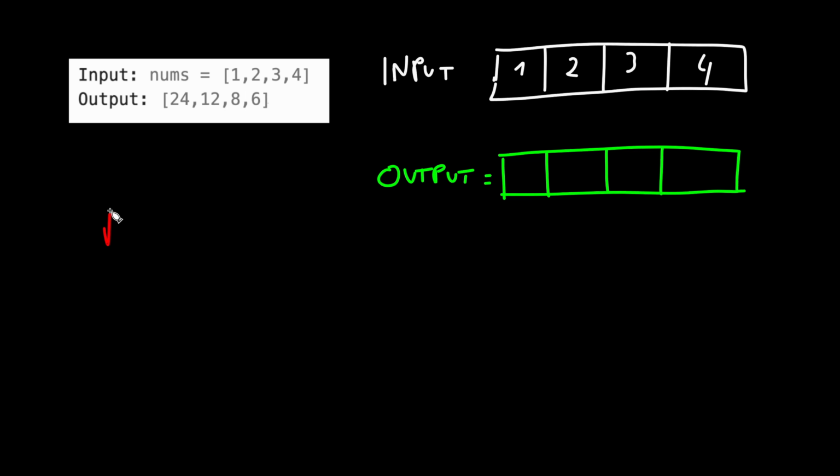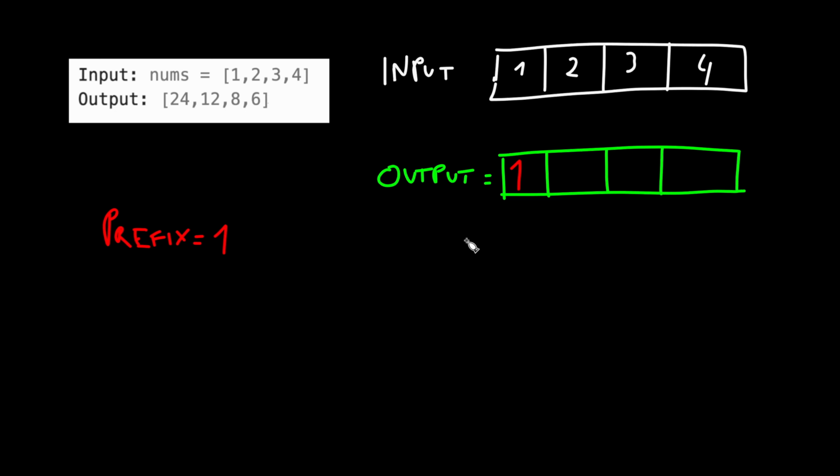So we are going to have a variable that is going to store our prefix, and the initial value is going to be 1. So let's take this, we want the prefix for this position. In this case it's going to be whatever is in our variable, so it's going to be 1. Now we're going to update our prefix doing the number times the prefix, so in this case it's still going to be 1. Now we want the prefix for 2.